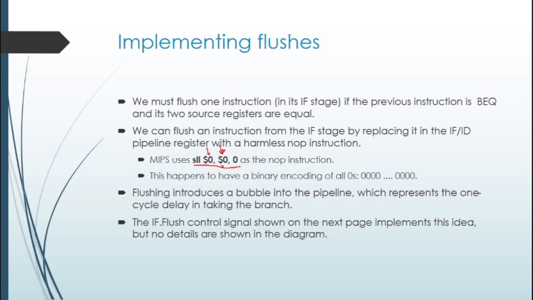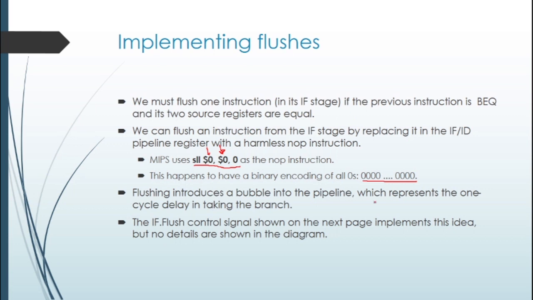If we decode it into machine code, it means all zeros. We just replace every bit of the 32-bit machine instruction, replacing the current instruction with a zero instruction, so the current instruction is replaced with one that does nothing. Basically the PC will be updated with the branch target, so whatever instruction was in the pipe will be flushed out.